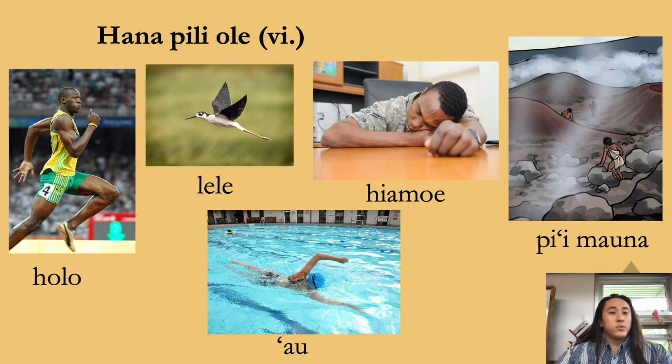And don't worry if you didn't know this before. I didn't learn what an intransitive verb was until I took 'Ōlelo Hawai'i. We don't really pay attention to all these classifications in English, but they do affect how we talk in 'Ōlelo Hawai'i, so they do become important.